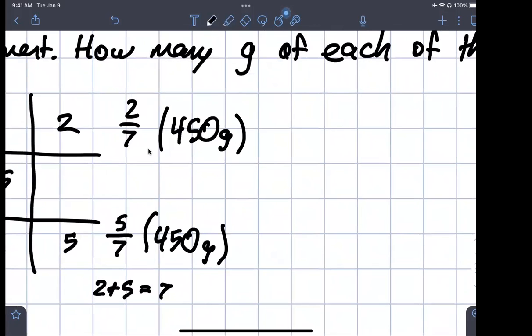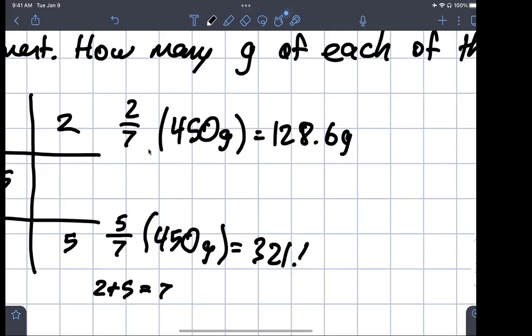So I'll do 2/7 times 450, and I will get 128.6 grams. 5/7 times 450, and I will get 321.4 grams. And that is the answer.